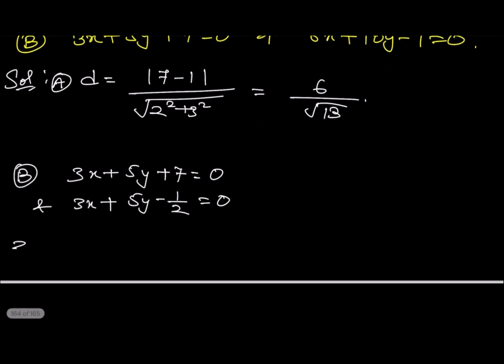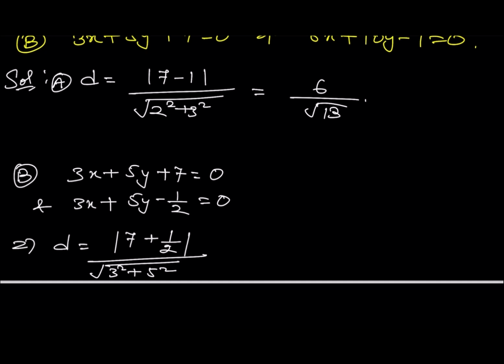So D will become mod of 7 plus half on root over 3 square plus 5 square. So D is equal to 15 by 2 root over 34.